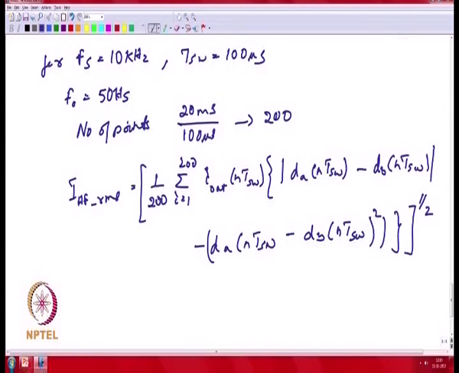So essentially you are summing up the RMS over all the switching TSWs.